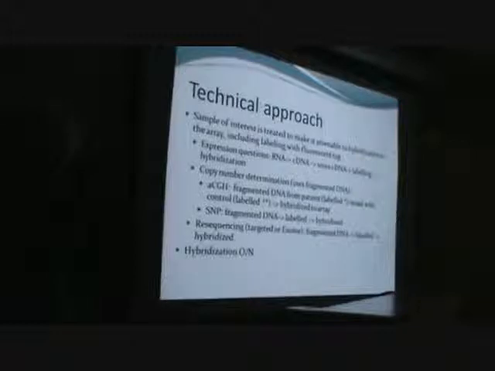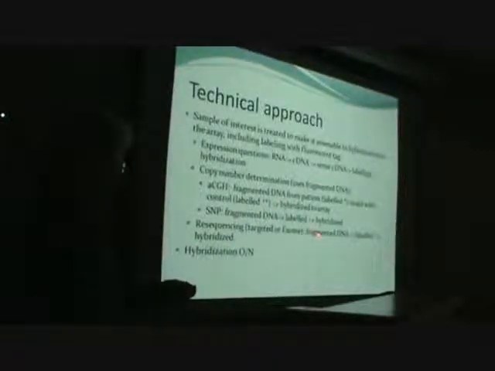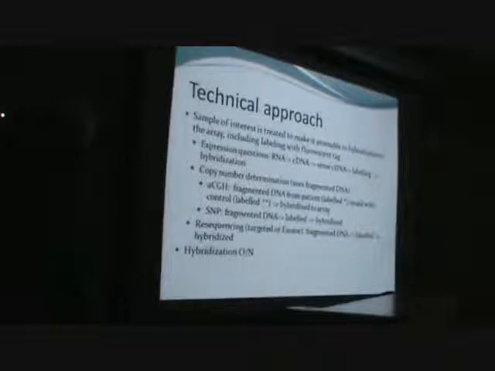One is labeled with one dye and one with another dye. You competitively hybridize them and then put them on the array. That's the only difference there. And resequencing, same thing: fragment, label. Sounds very simple. It's not really quite that simple. The reason I put down hybridization overnight here is because this is where the microarray platform starts. Everything else is workflow that is common in any molecular lab.